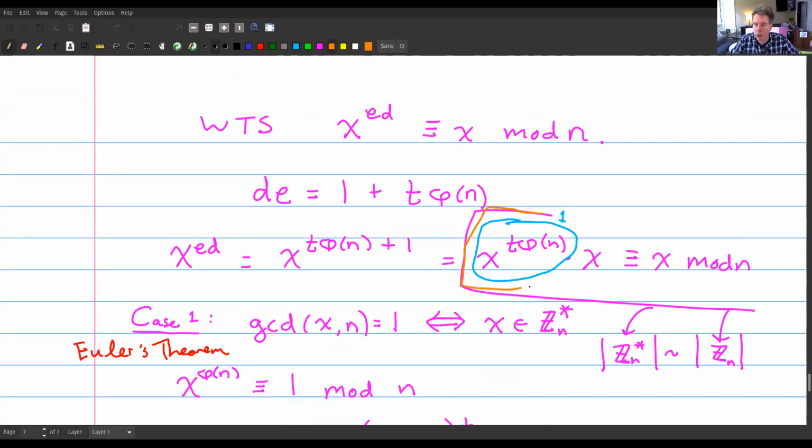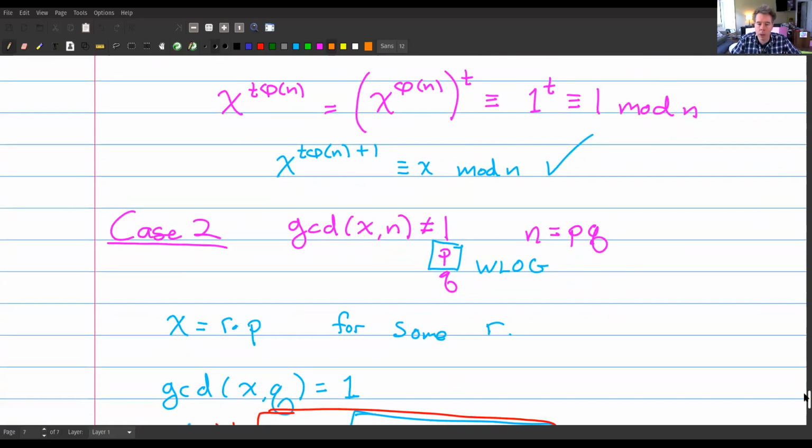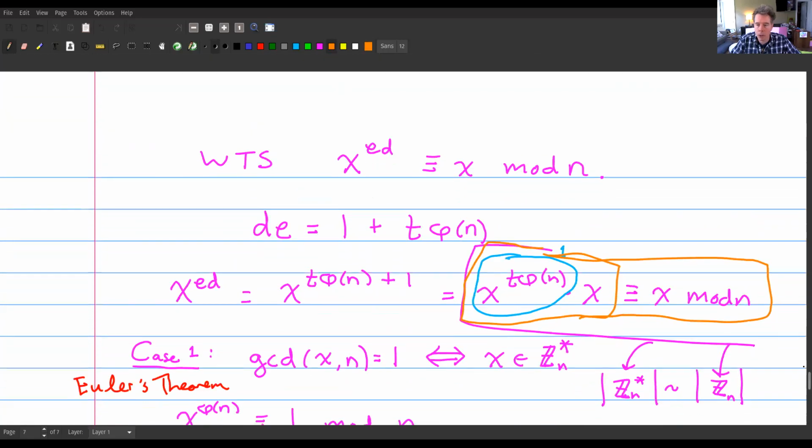We just showed that this last equivalence is actually true. So x to the ed is equal to that, and then we showed that that is congruent to x in either case. So both case 1 and case 2 end up being true. That means that x to the ed actually is congruent to x mod n, and that proves the correctness of RSA.